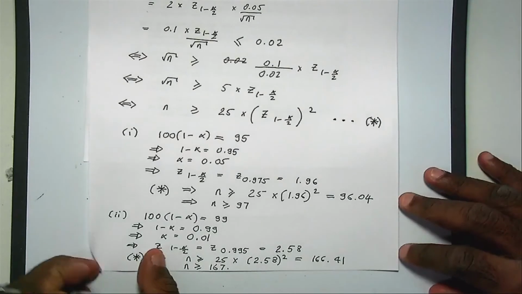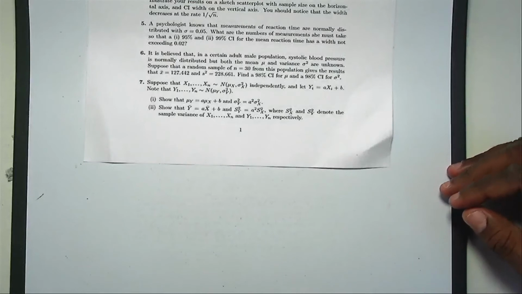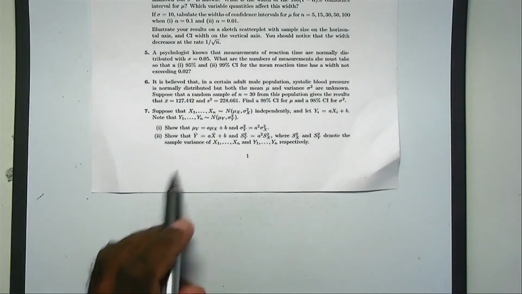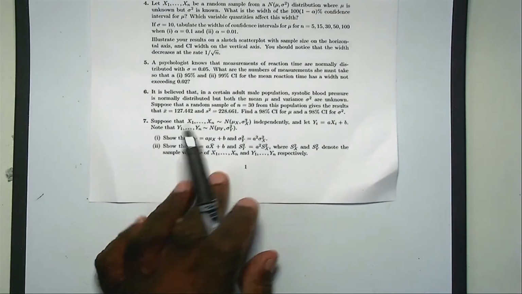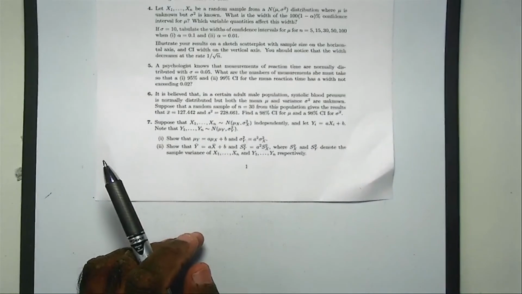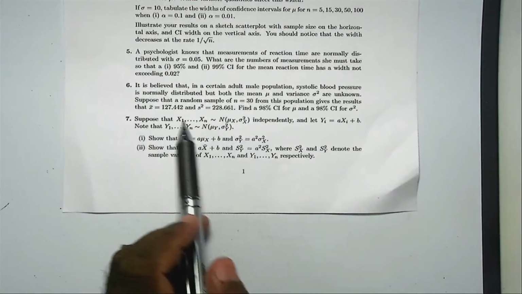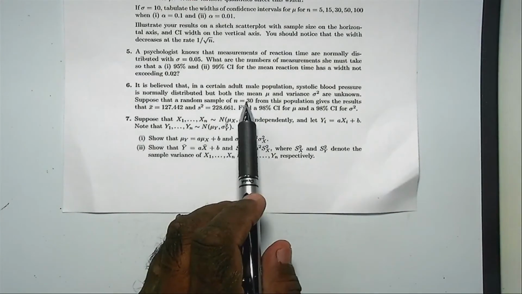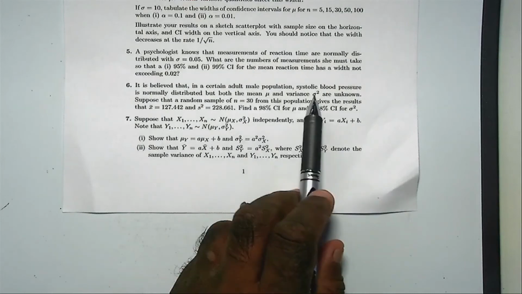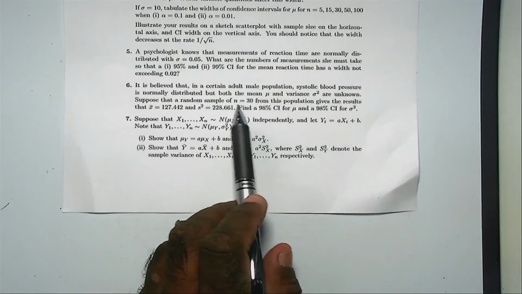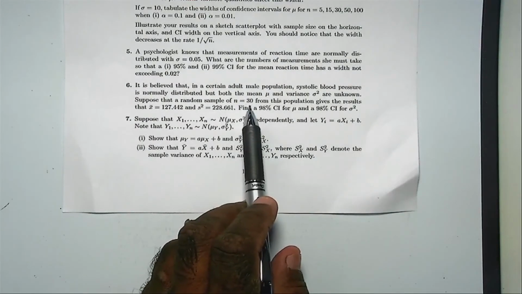Okay, now let's go to the next one, which is question 6. Let me zoom in slide. So here both mu and sigma squared are unknown. You have a sample of size 30.